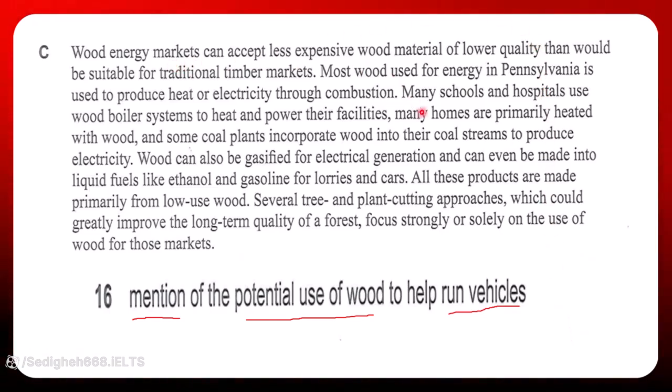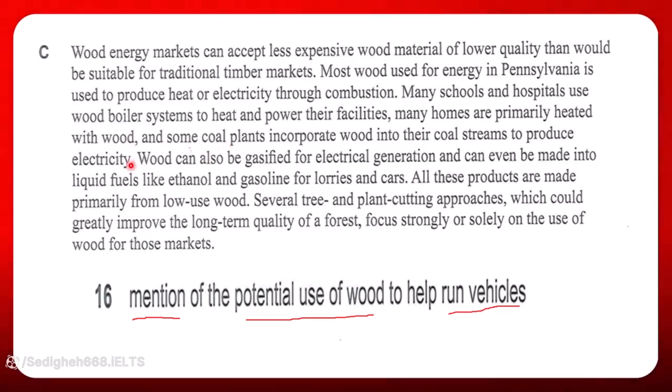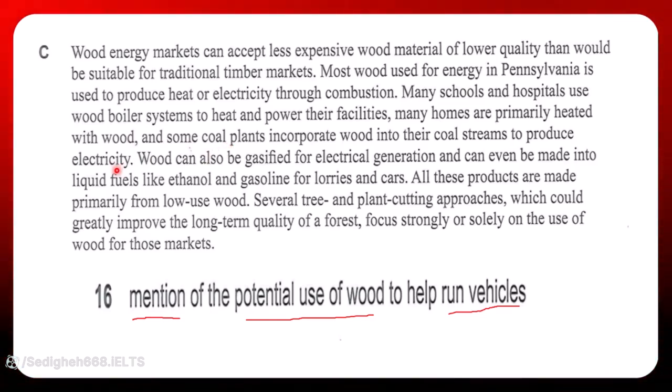If we just start from here, it says many schools and hospitals use wood boiler systems to heat and power their facilities. So it is about schools and hospitals. Many homes are primarily heated with wood, and it is about homes. And some coal plants incorporate wood into their coal stream to produce electricity. None of them are about vehicles.